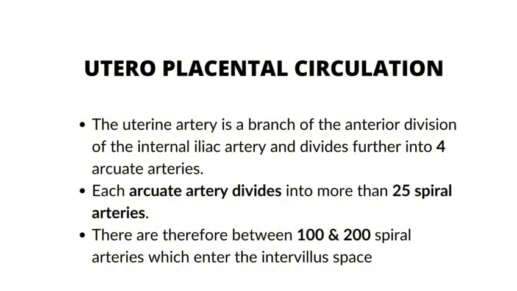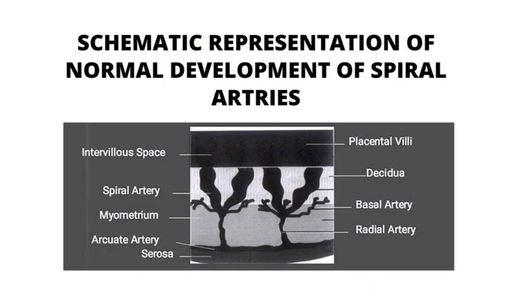There are therefore between 100 and 200 spiral arteries which enter the intervillous space. From the serosa of the uterus, the arcuate arteries enter the myometrium and become radial arteries. The radial artery divides into basal and hundreds of spiral arteries to enter the decidua, where they enter the intervillous space.